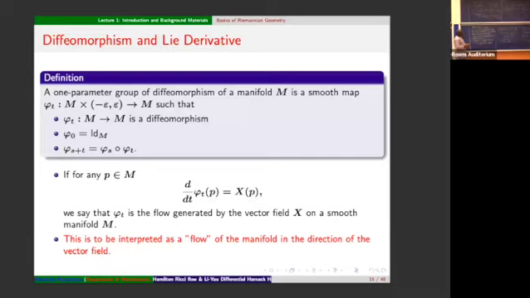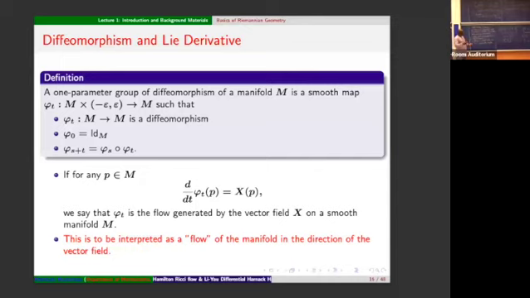You have φ from M. You know what a diffeomorphism is: a bijective smooth map, and the inverse is also smooth. Then you define it between topological spaces. Now we have a diffeomorphism between M and M.